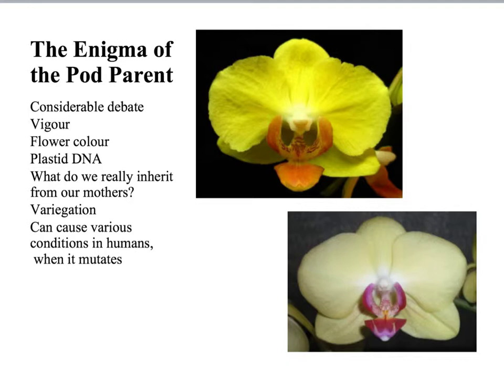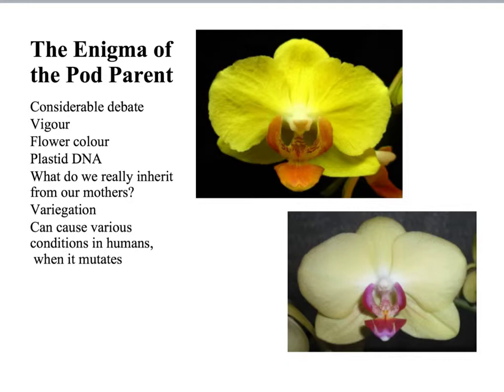Logically, this is due to some difference in the way that the genes are being expressed. The other trait which tends to follow the pod parent is vigour, a larger, more vigorous plant that grows and matures faster and produces flowers that bit earlier, which again is a trait that's very important to commercial growers.